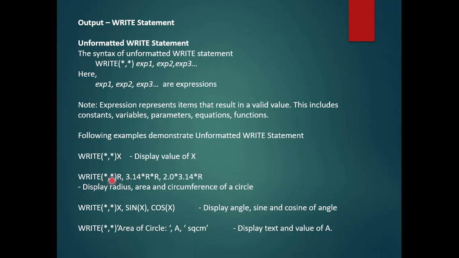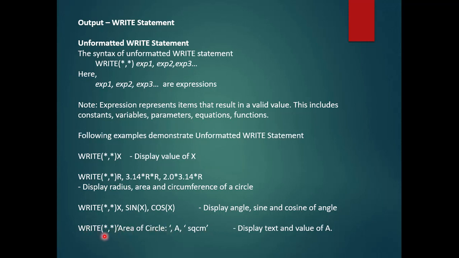Again write star comma star r, then I have written the equation 3.14 into r into r, then 2.0 into 3.14 into r. So this will display the radius, then the area and circumference of a circle. Similarly, I can write star comma star x, sine of x, cos of x, so the sine value and cosine value of an angle will be displayed.